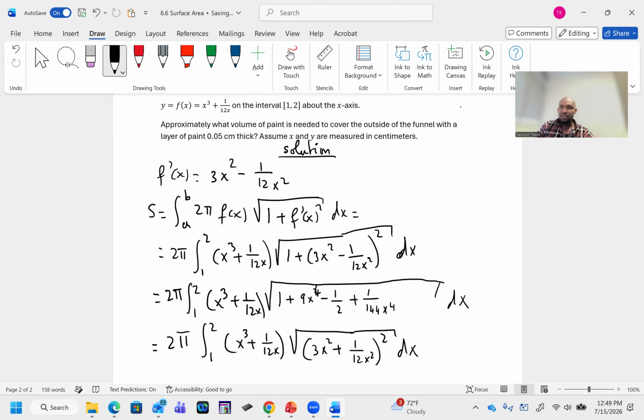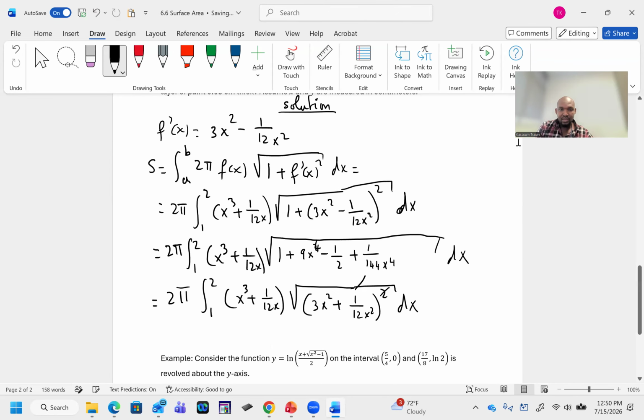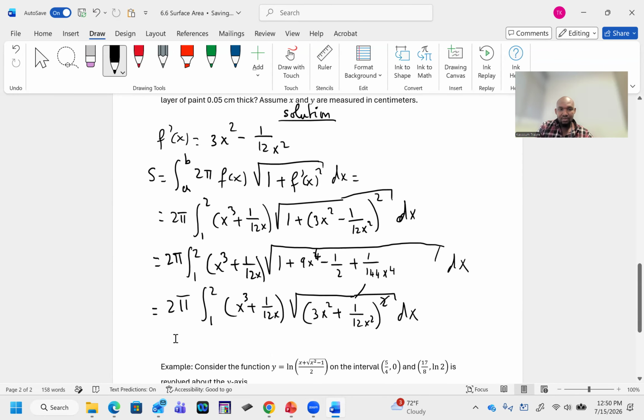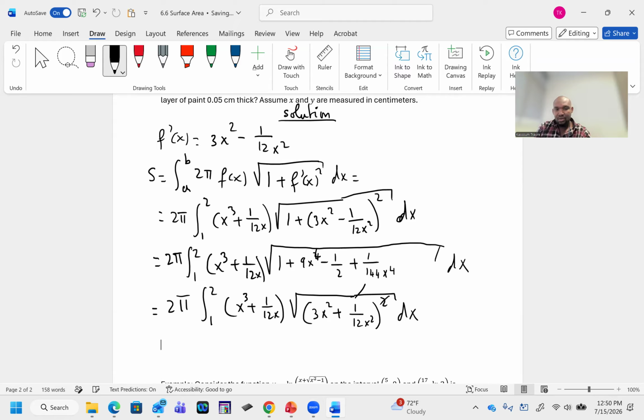This is what it will give me. And then now, square and square root will cancel out. So I will be left with, again, this is algebra. I'm telling you, do not think it's too much.